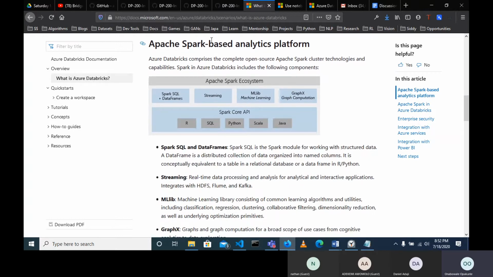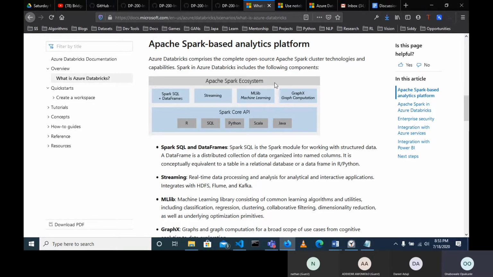So here is what Apache Spark is really based upon, like what it consists of. You can actually use Databricks for a whole lot of things. You can use it for querying SQL data frames. You can use it to ingest things from Event Hub, your streaming data from your sensors.